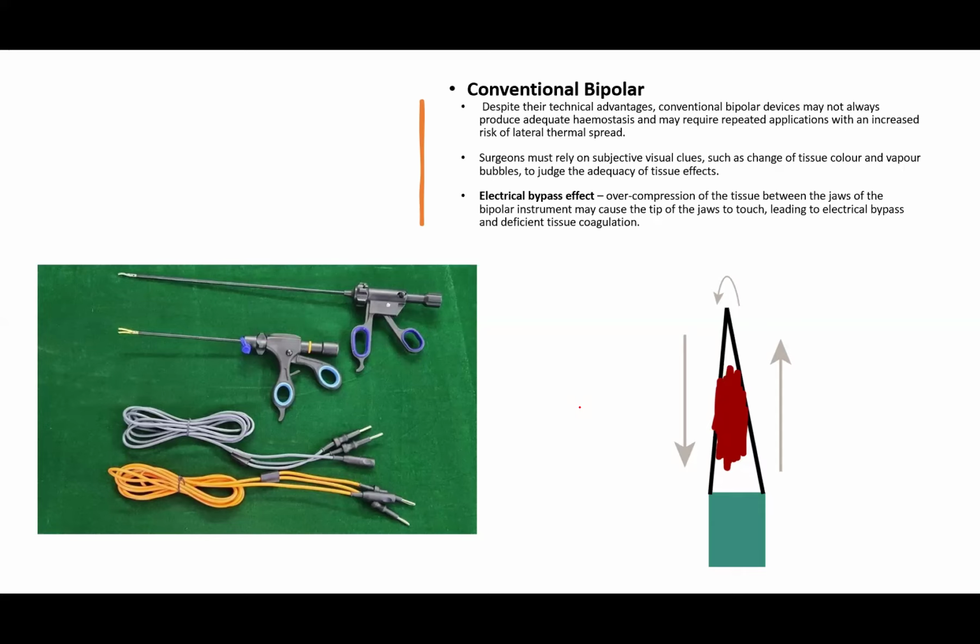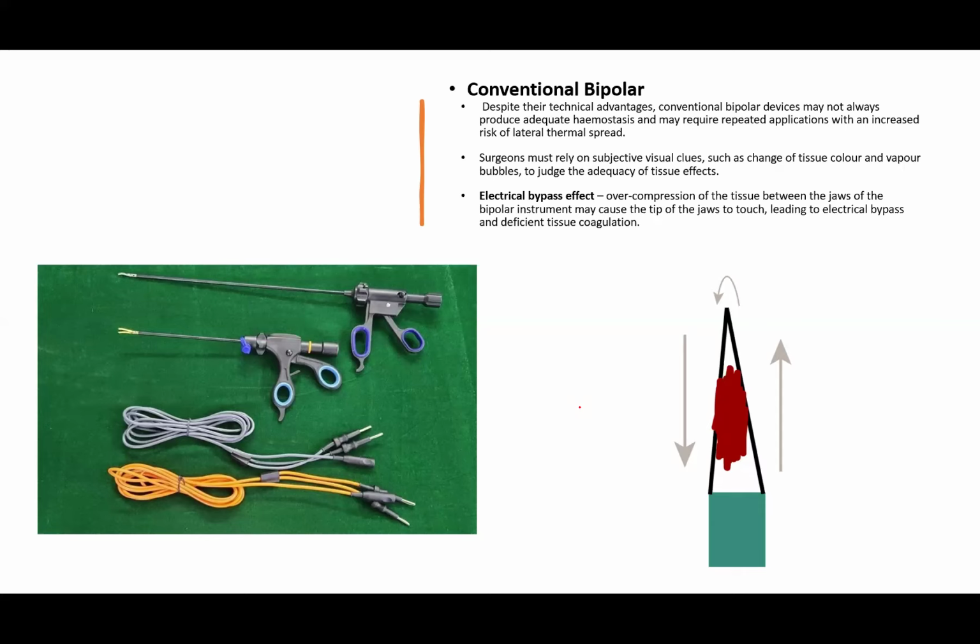Despite their technical advantages, conventional bipolar devices may not always produce adequate hemostasis and may require repeated applications with an increased risk of lateral thermal spread. Surgeons must rely on subjective visual clues such as changes in tissue color or vapor bubbles to judge the adequacy of the tissue effect.